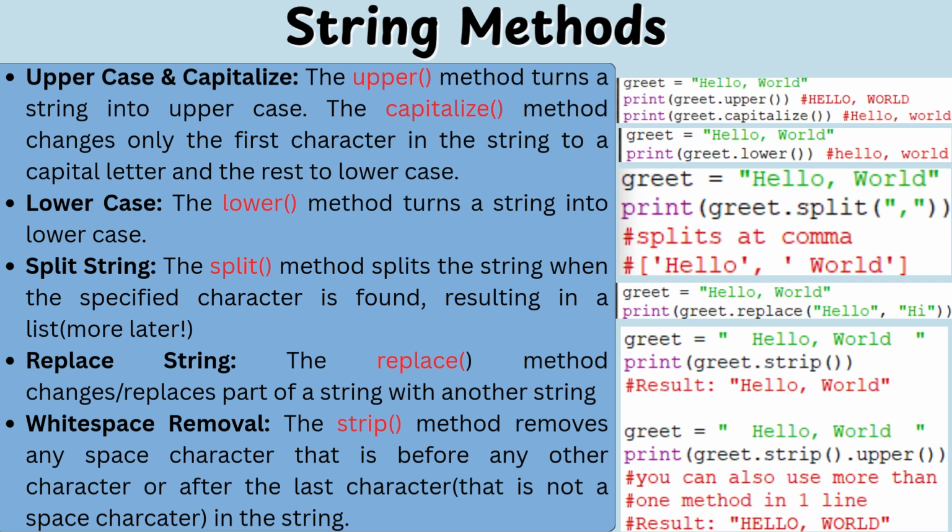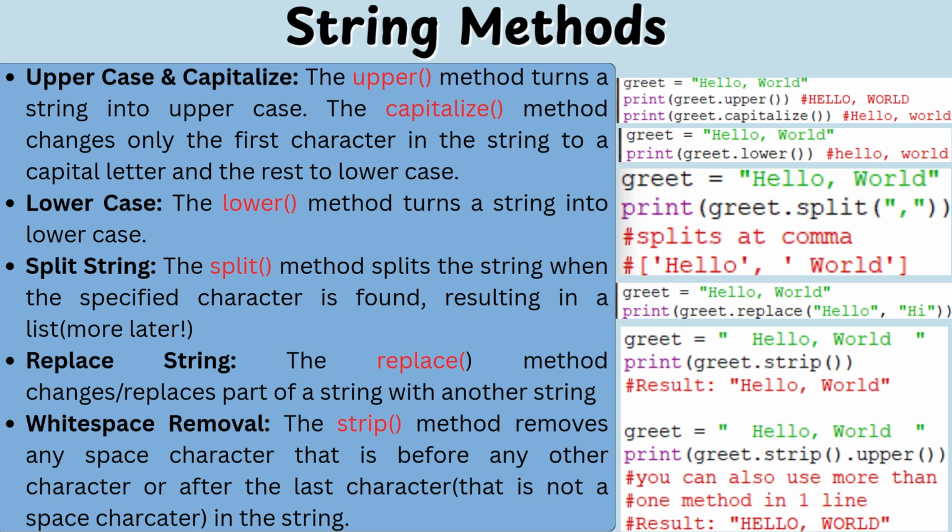Now, you can actually use more than one method in one line. So if I said greet equals space, hello world, space, I can do greet.strip with parentheses. That means that first of all, it removes the space at the start and at the end, and then .upper with parentheses makes the string hello world uppercase.